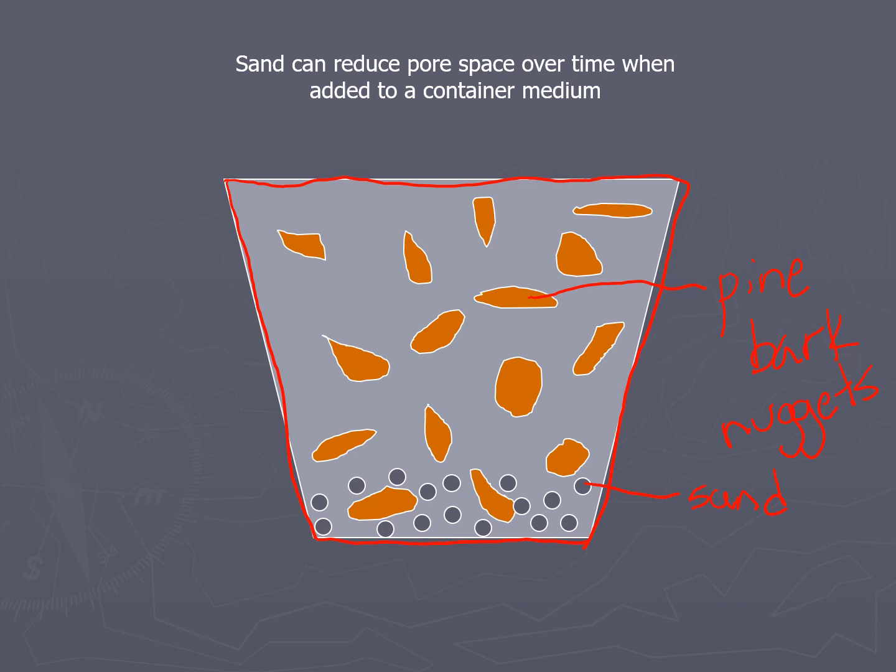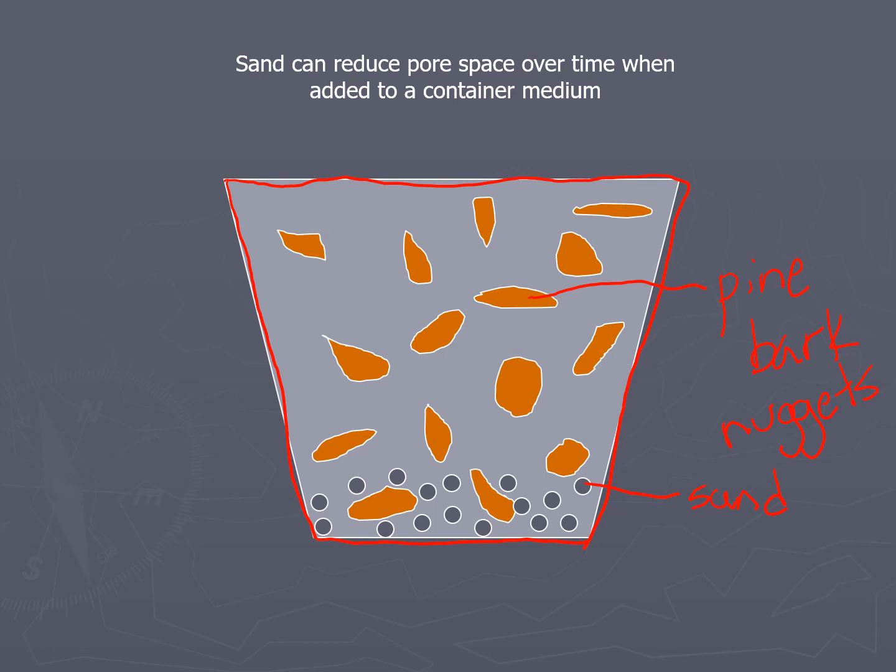So what happens if you're using sand in a certain medium? Even though you may blend and mix all the components together, what's going to happen over time is that because the sand is made up of a smaller particle and it's heavy, it is going to settle down towards the bottom of the container. And when it does that, it can reduce the pore space over time.